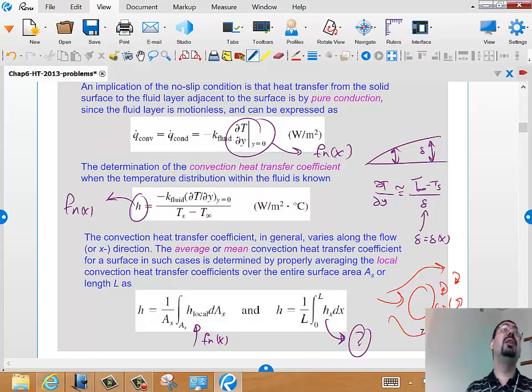So when Jacob said the Nusselt number is a function of the Reynolds number, it's just telling you how the velocity looks, how the fluid mechanics is doing. The Reynolds number, if you remember, is rho V d over mu. It's inertia force over viscous force. The Reynolds number basically tells you if the flow is laminar or turbulent, the dynamics of the fluid mechanics.